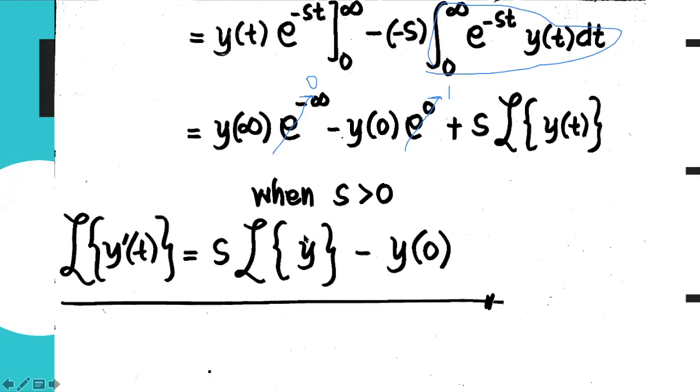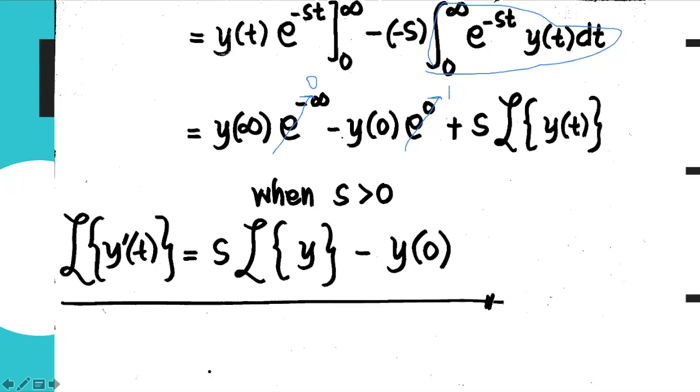Take note that y is a function of t, so you may not write it, as long as you know that y is a function of t. And that other term, 0 times this, is equal to 0. So this is now our formula.